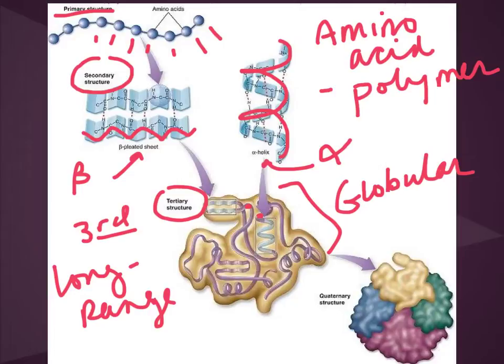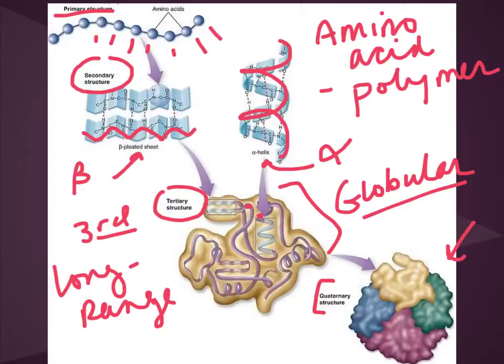And then the final level of protein structure is known as the quaternary structure. The quaternary structure occurs when one globular strand of amino acids interacts with a second or third, or in this case, four different other globular structures, or tertiary structures, of amino acids.